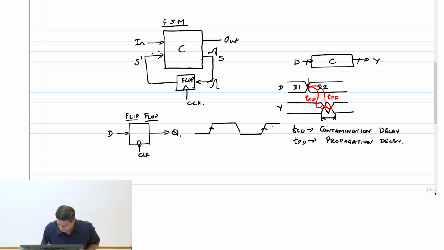This is clock, D and Q. So let's assume by default a flip-flop is always a positive edge triggered flip-flop. This is positive edge. That means data will be captured on that rising edge of the clock, and data will then be stable after that. So let's assume that this data changed like this.